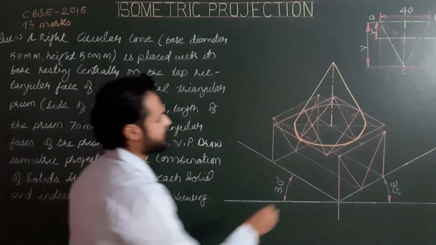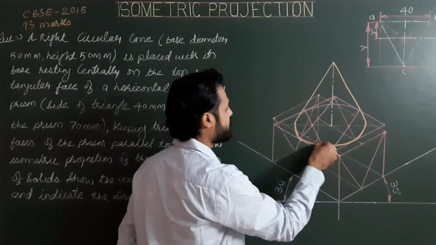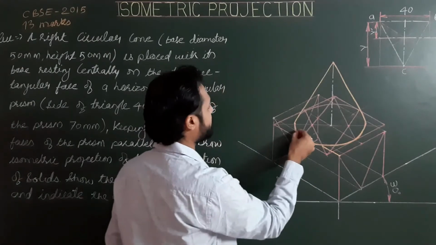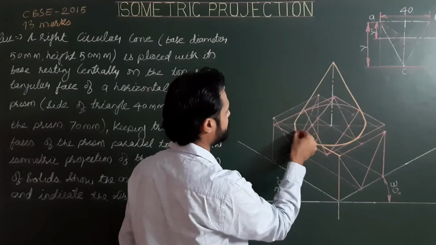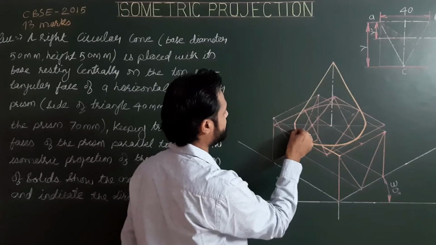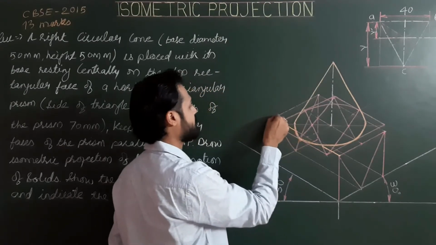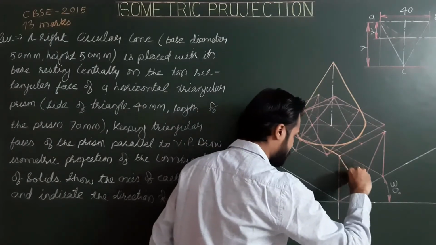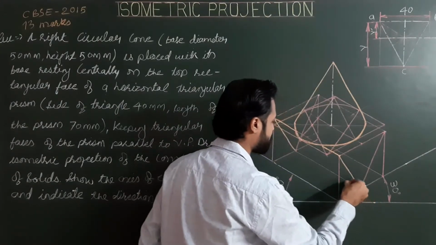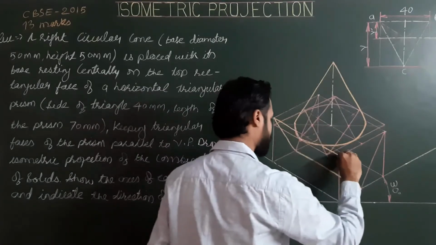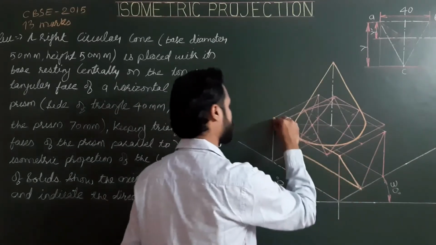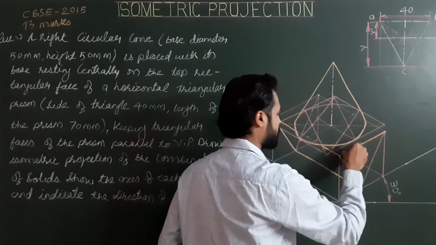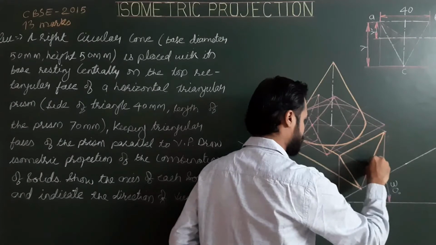Next, for the prism, these are visible. Yes, these are visible edges, from this point. These are visible sides and edges of the prism, and the front triangular base.